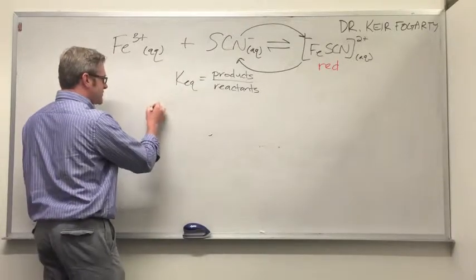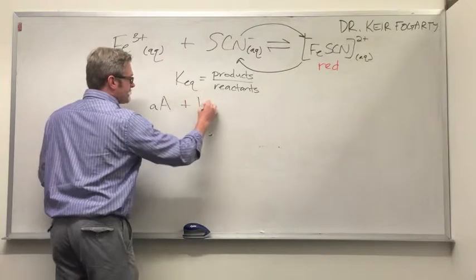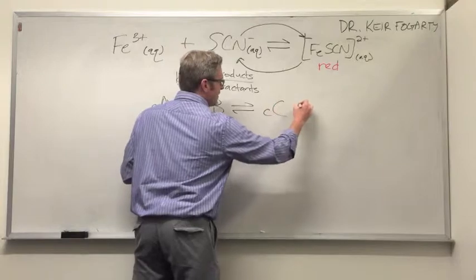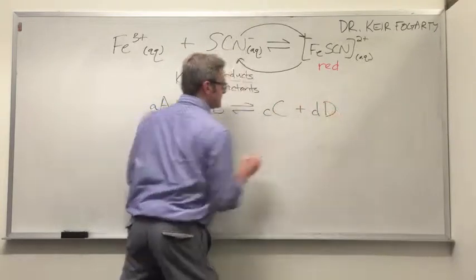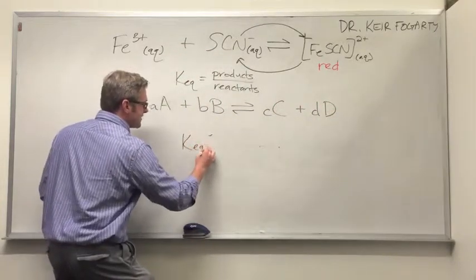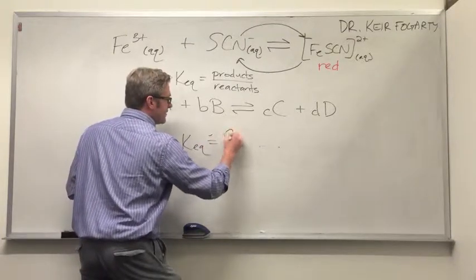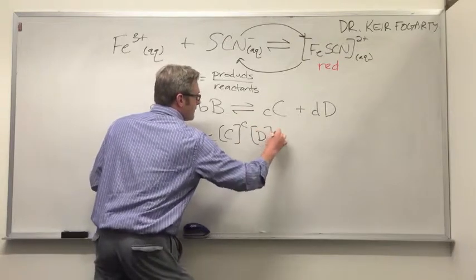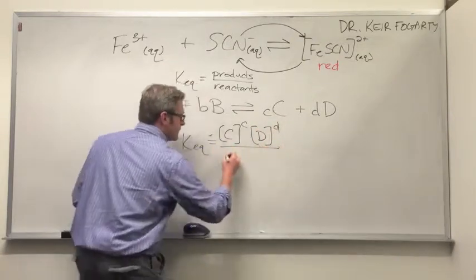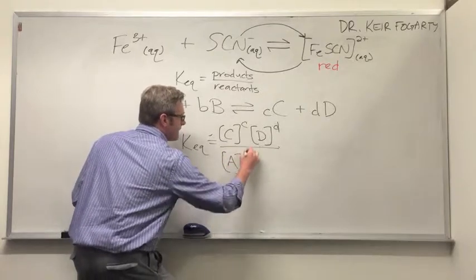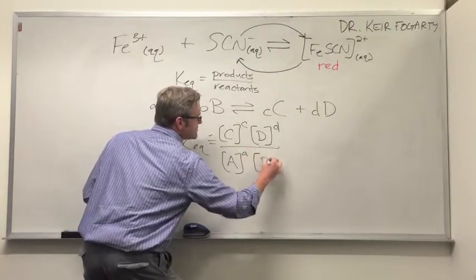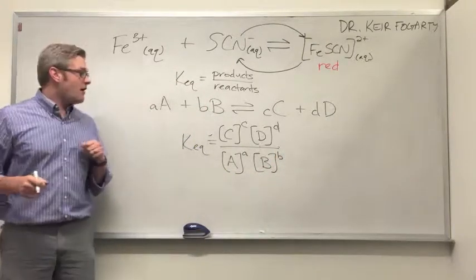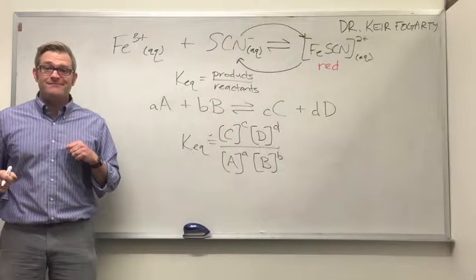If we have a reaction where we have stoichiometric numbers in front of various products and we are in equilibrium, our equilibrium constant expression will be, and I'm writing this for aqueous solution, where we have the concentration of all of our species raised to the power of their stoichiometric number.